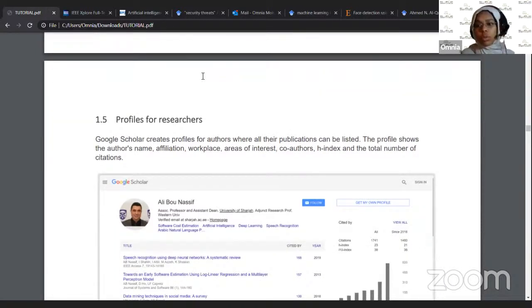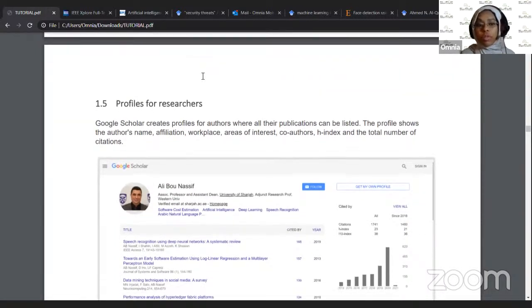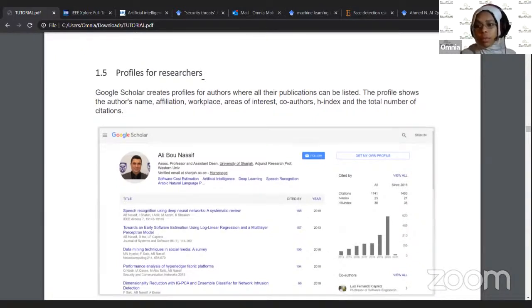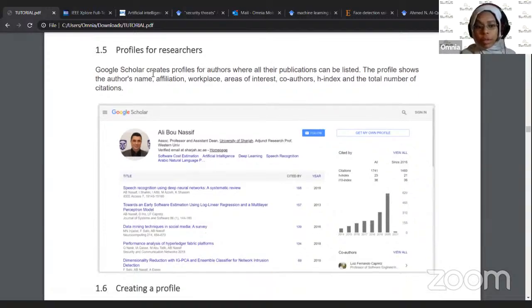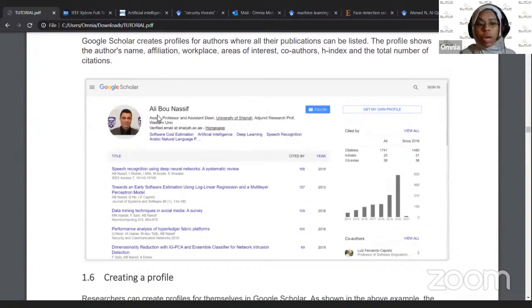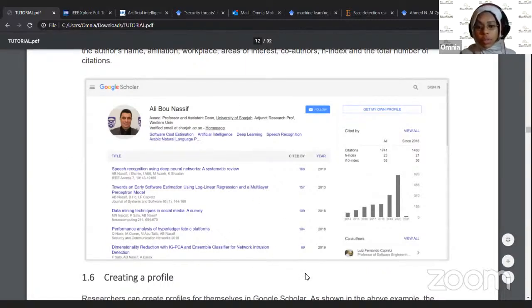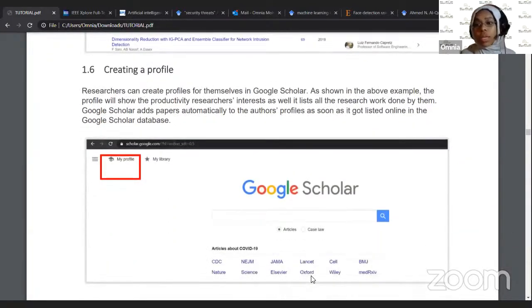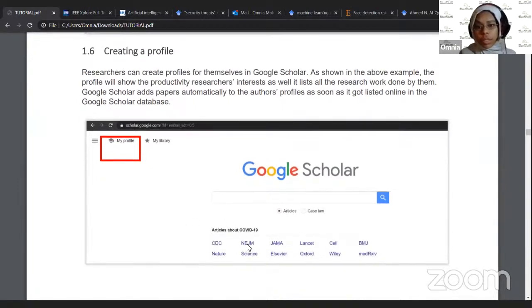Google Scholar also provides profiles for researchers. So it provides papers as well as profiles, as we have seen previously in the example. Here we can see another example where we can look at Dr. Ali's profile and see the recent publications that he was interested in and also his productivity. Google Scholar allows everyone to have profiles, so it is very easy.